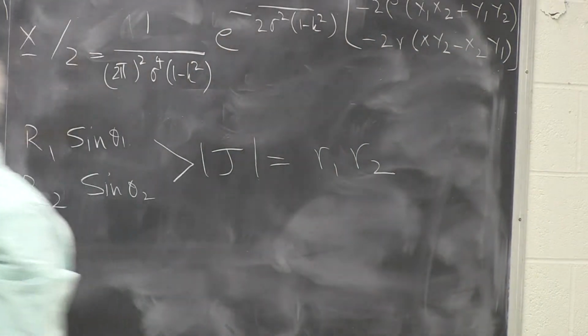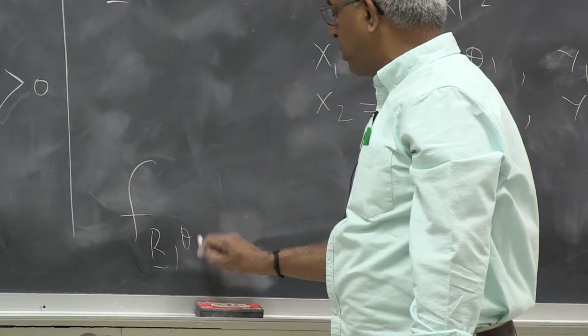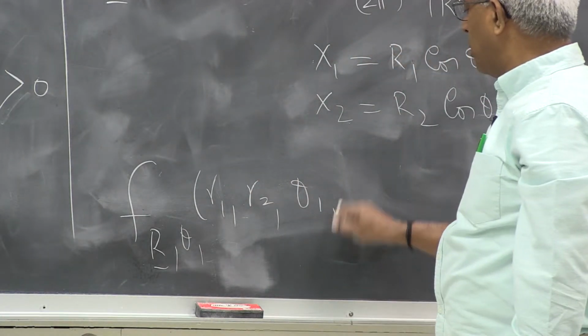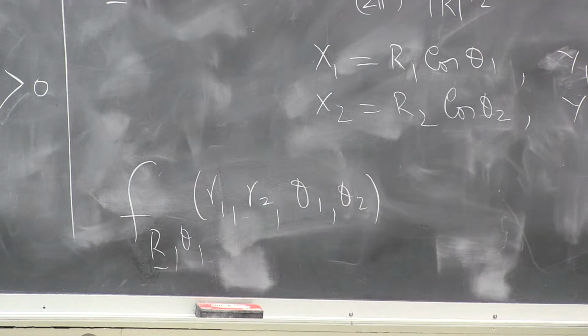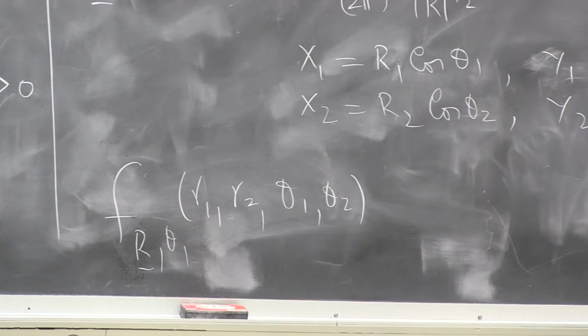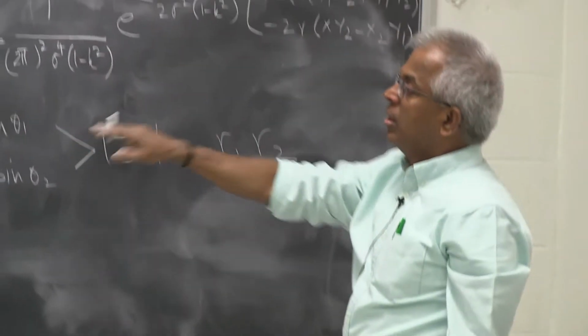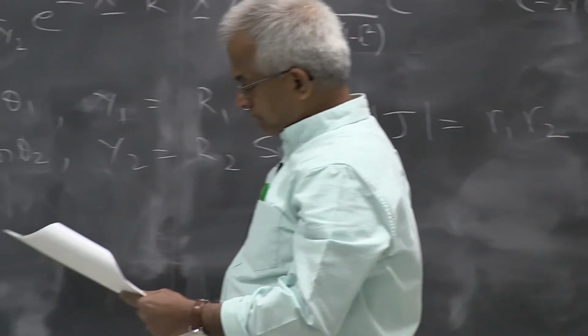So the joint density function, the same density function but now expressed in terms of r1, r2, theta 1, theta 2, would be the Jacobian multiplied by the density function. You start substituting these values for x1 and so on.